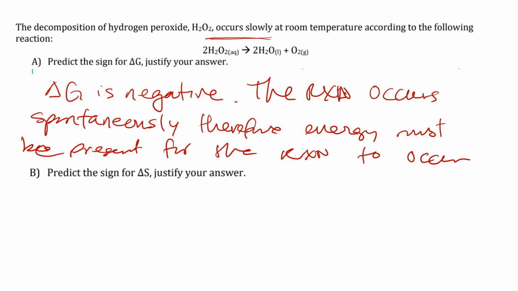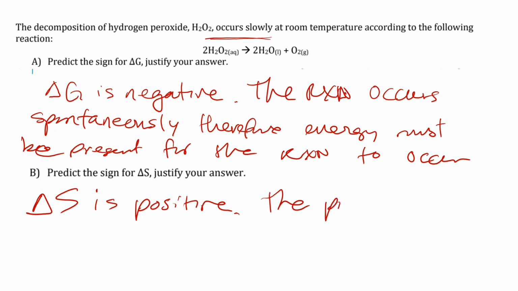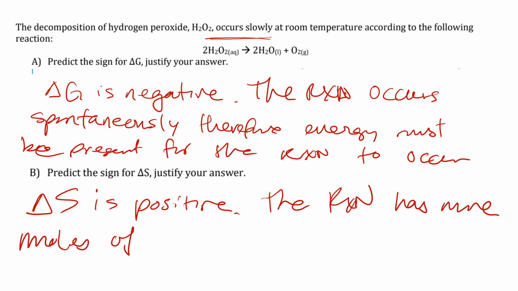Predict the sign for delta S and justify your answer. If you look at the reaction, there are more moles of gas in the products compared to the reactants. So delta S is positive. The reaction has more moles of gas in the products.